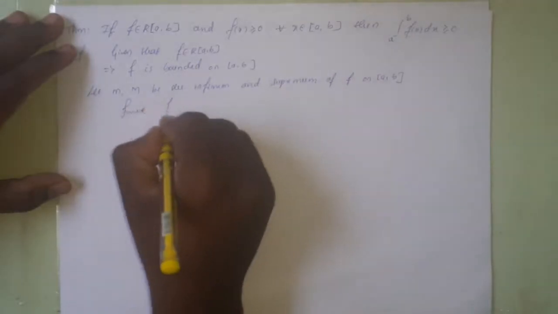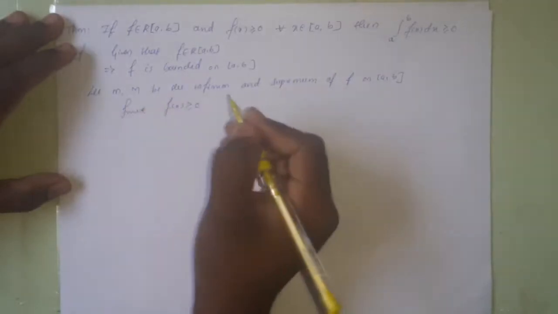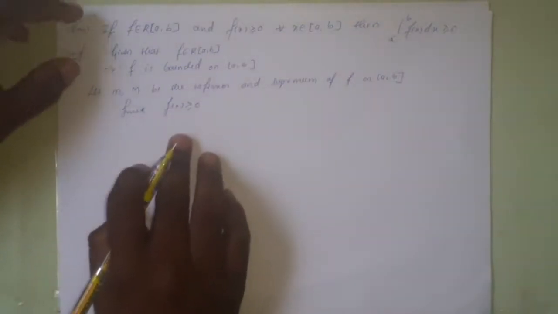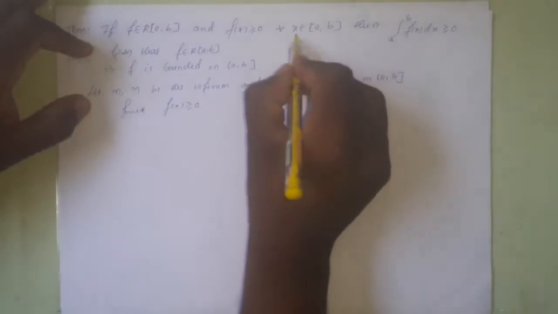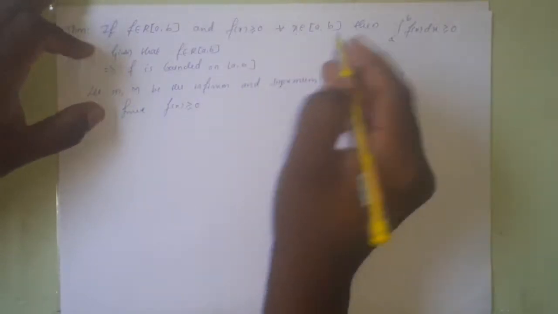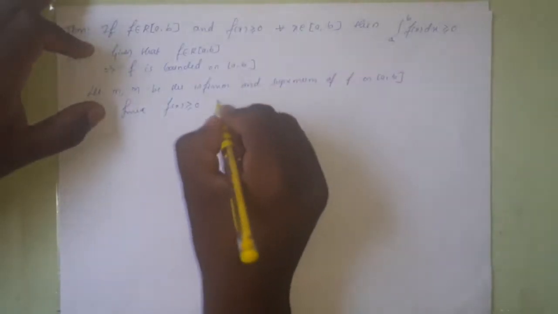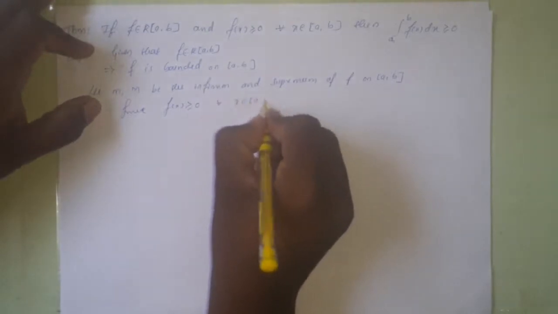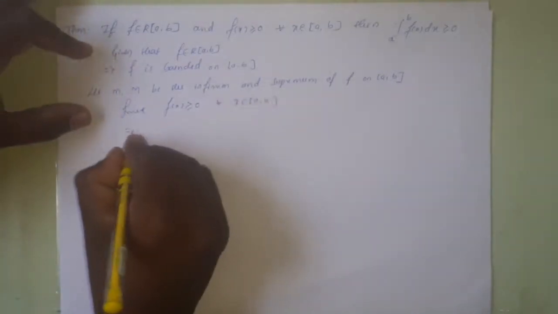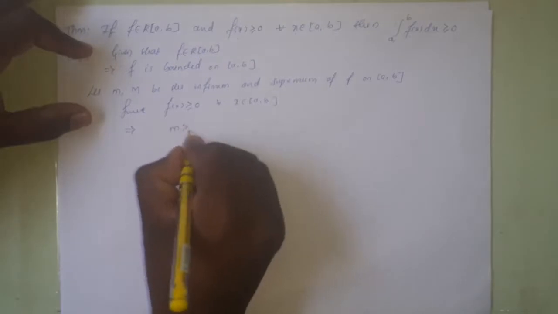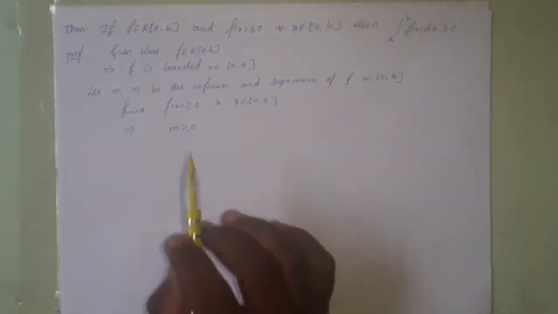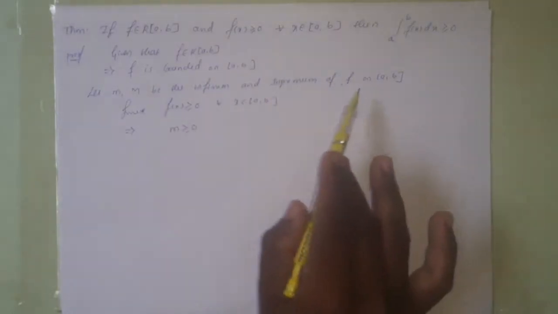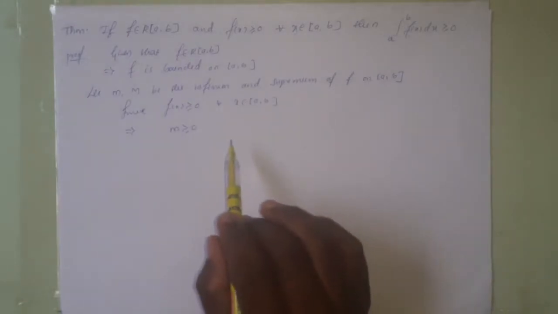Since f(x) is greater than or equal to 0, it is given that f(x) is always positive for all the values of x in the interval [a, b]. For all x belonging to the closed interval [a, b], it implies that its infimum is also greater than or equal to 0, because the infimum is also the value of the function f for some value of x, is it right?